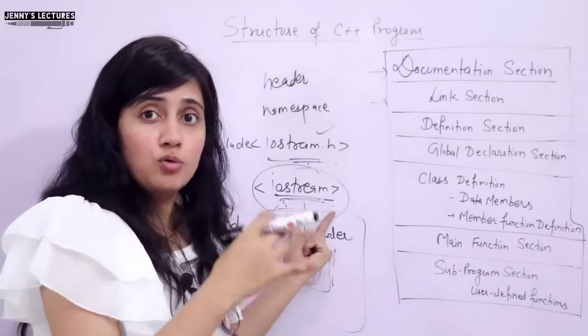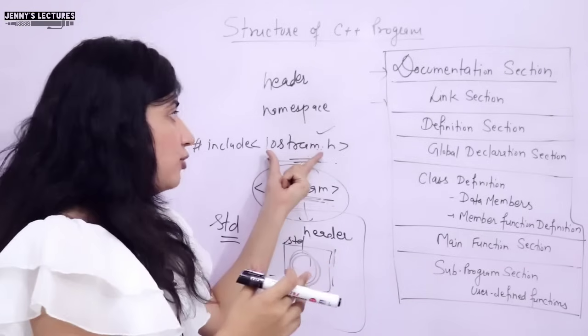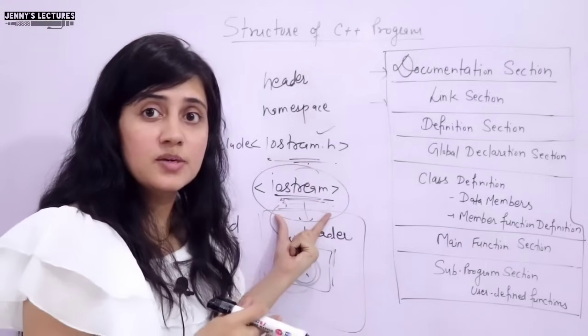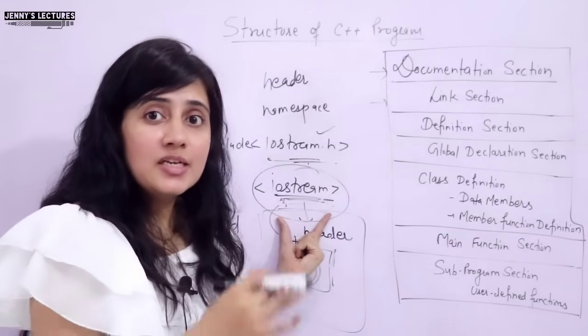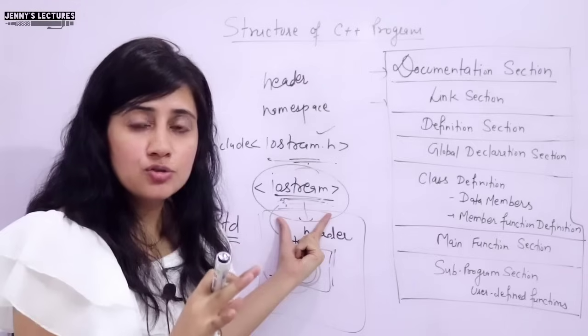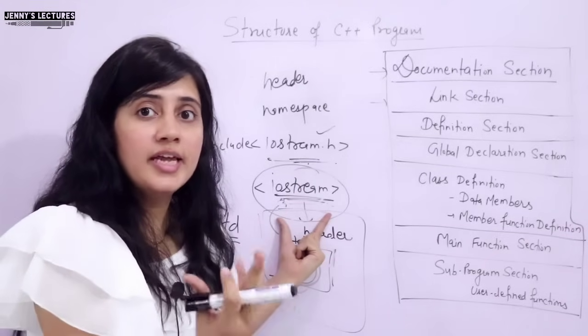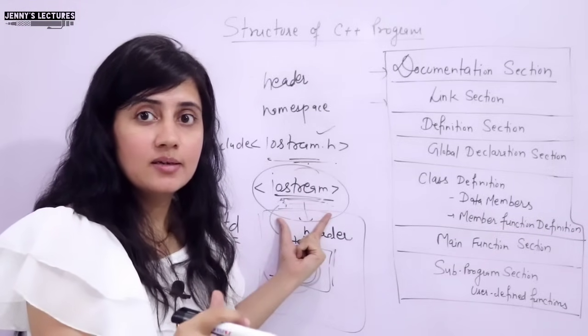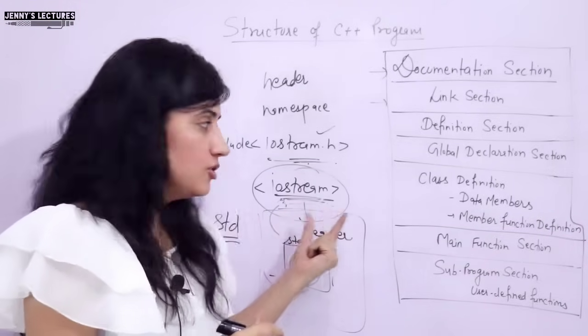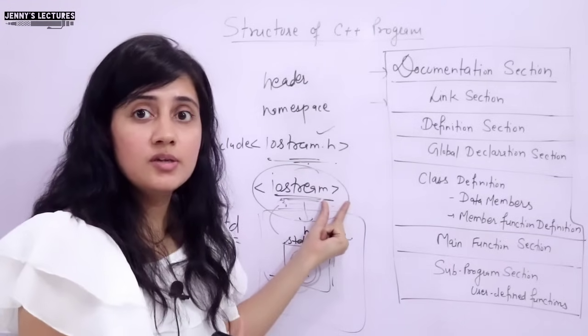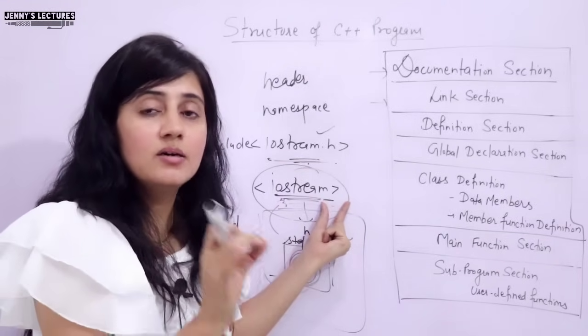See, before, these cout, cin were defined in iostream.h, but after C++ got standardized, cin, cout and many other things were moved into a namespace named std, and this version without .h is considered the standard header.